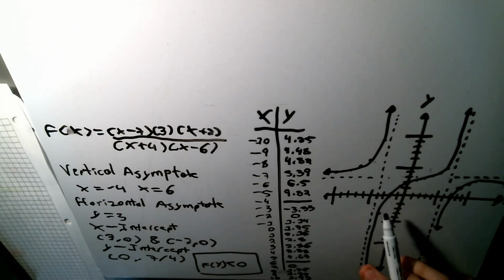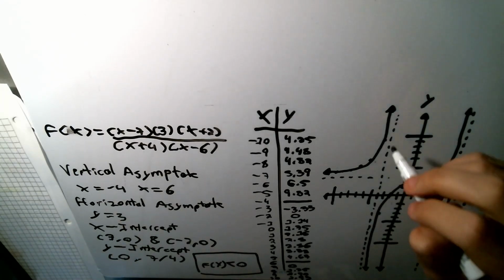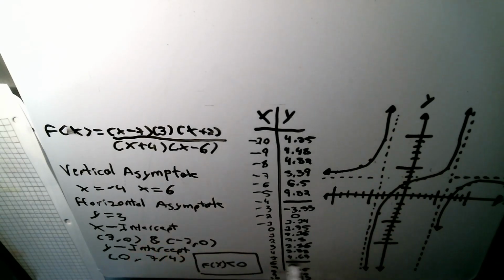So 7,0 and -2,0. And we also have the vertical asymptotes, which are x is -4, which is this one, and x equals 6, which is this one. So I'm going to grab another color for this.